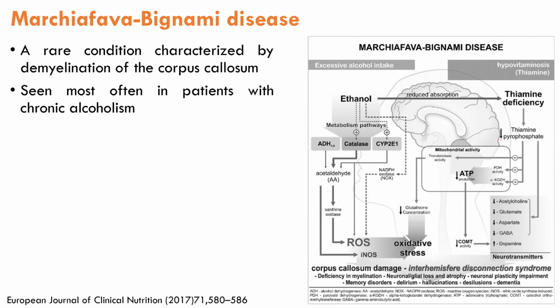This relates to inadequate availability of thiamine pyrophosphate as the cofactor for energy metabolism, which will reduce the ATP production. And also, it affects the production of acetylcholine, glutamate, aspartate, GABA, and dopamine, all of which are important neurotransmitters. These, together with the effect of ethanol, contributes to the damage to the corpus callosum.